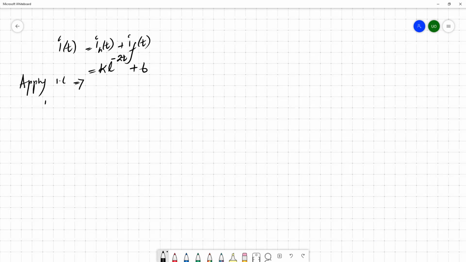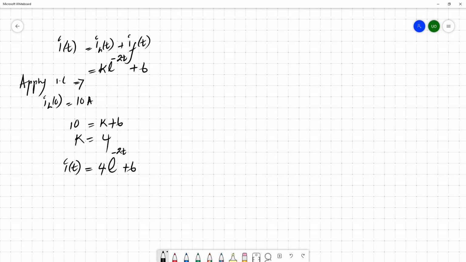We know that IL(0) equals 10 amperes, so substitute 10 equals k plus 6. So k equals 4. Then the total response is 4 e to the power minus 2t plus 6.